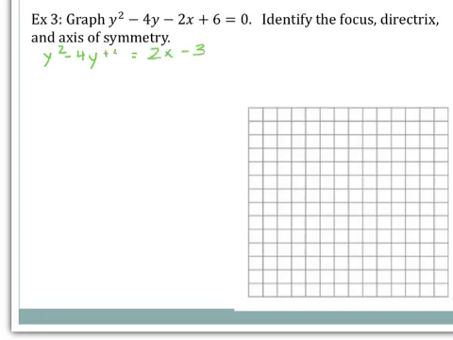And that makes a +4. And when we factor this, we get y minus 2 squared equals 2x plus 1. And we need to get the a term over, so I'm going to divide by 1/2 to get my a over.